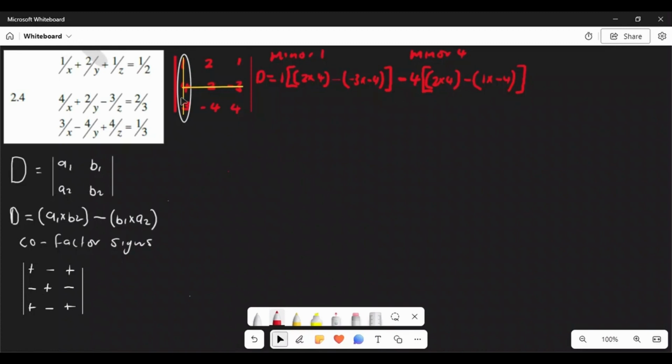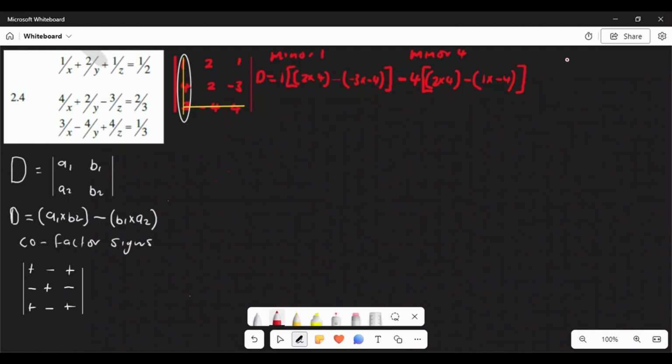Now all you have to do is move this line. Do not move this line anywhere else, because we are using, remember I circled here to show that these are the ones that we're going to use. Our minor this time is going to be 3. As you can see, we're going to cancel the row where 3 is, and also cancel the column where 3 is.